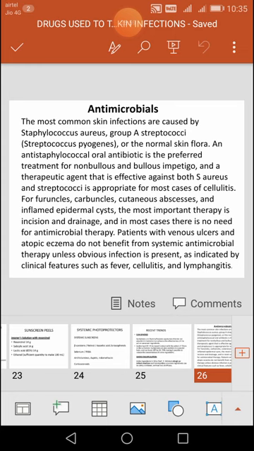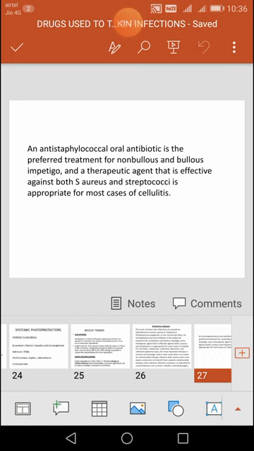Patients with venous ulcers and atopic eczema do not benefit from systemic antimicrobial therapy, so it will not be prescribed unless obvious infection is present, as indicated by clinical features such as fever, cellulitis and lymphangitis. Until these clinical symptoms appear, there is no need to give antimicrobials.